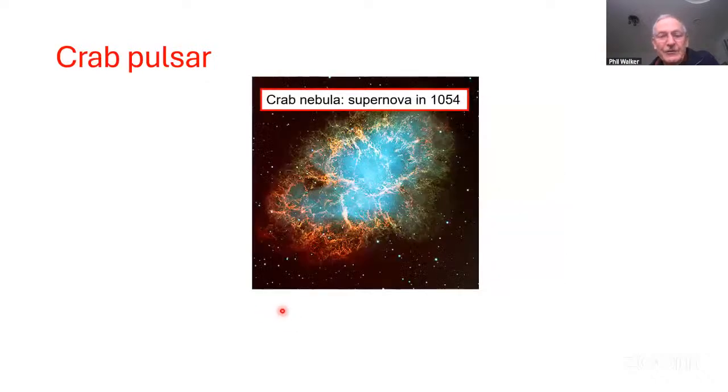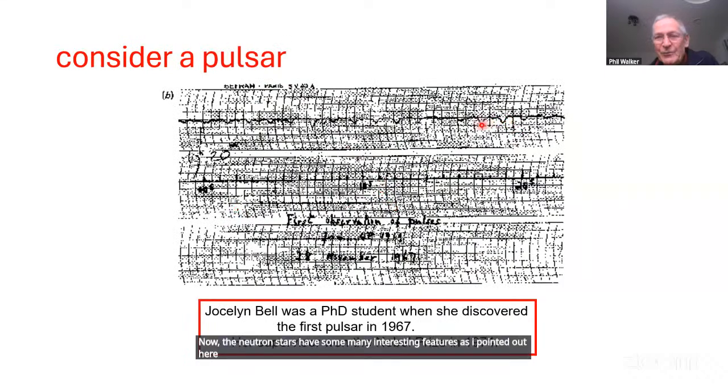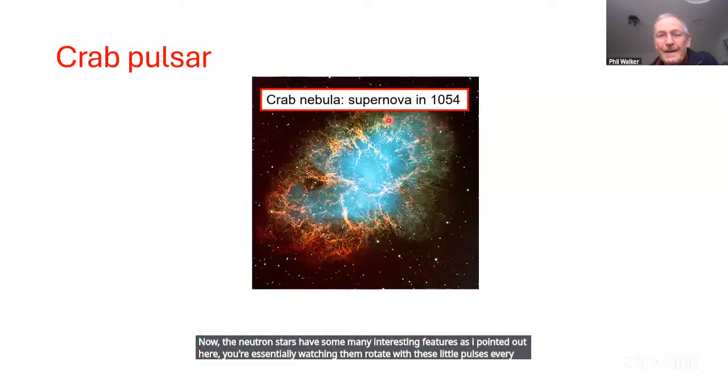Now, the neutron stars have so many interesting features. As I pointed out here, you're essentially watching them rotate with these little pulses every revolution. And there's one in the middle of the Crab Nebula.